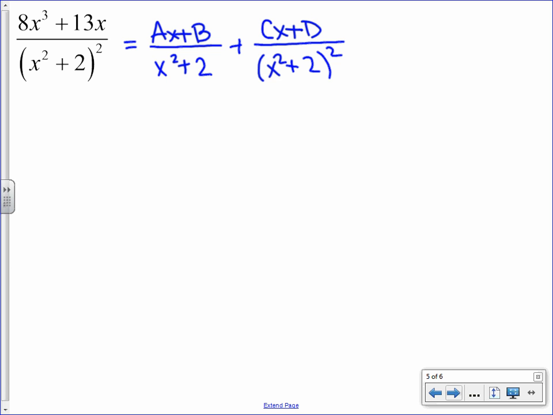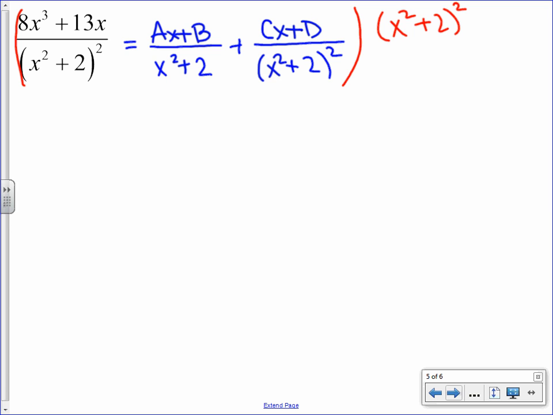Okay. Now we multiply by x squared plus 2 squared. Whatever the LCD is, that's just going to be your original denominator. You're going to multiply the whole equation by it.